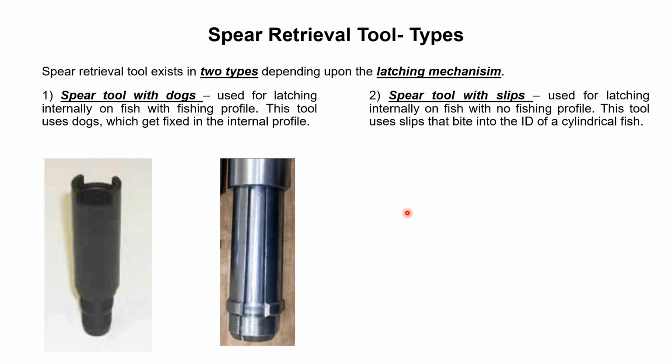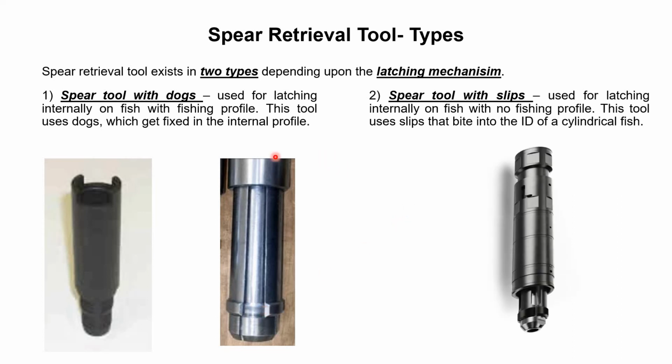The second type is spear tool with slips. So it is just the opposite: the spear tool with slips is used for latching internally on fish with no fishing profile, for those fishes which don't have any fishing profile. For example, some downhole tools break, for example it breaks from this particular point, so it will not have this design, this internal profile.